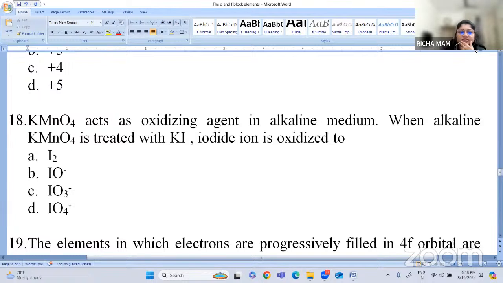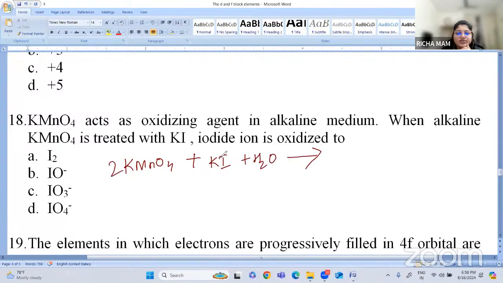If I write, it is acting as an oxidizing agent in alkaline medium when we are treating KMnO4 with KI. So let's see what the reaction will be.